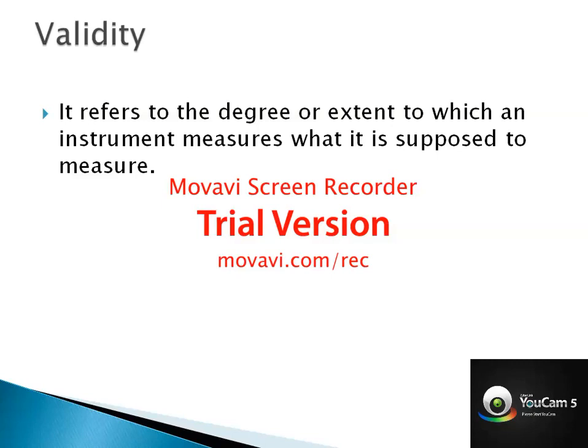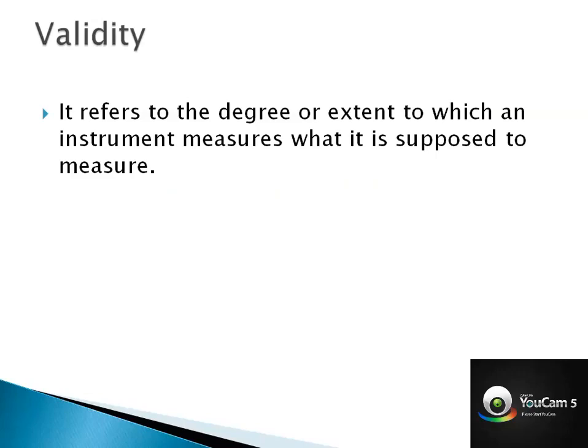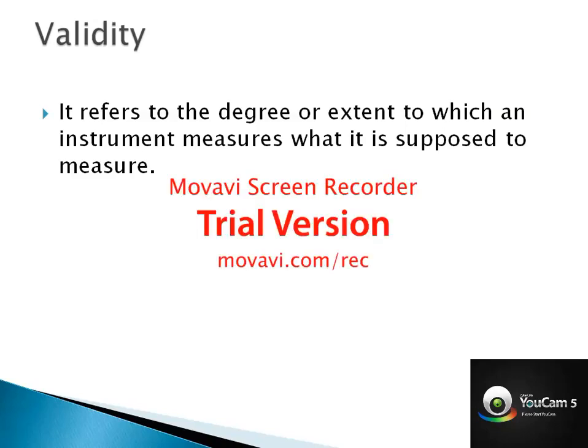Hope you understood. If you set an alarm clock at 6 o'clock and it rings at 5:30, the alarm clock is not valid. Its validity is negative, whereas the reliability is good, because every day it rings at 5:30.